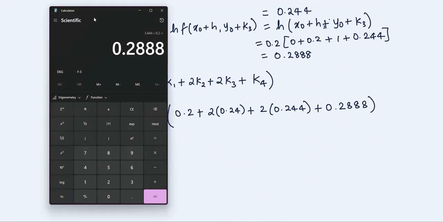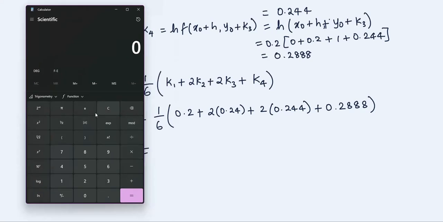Let us calculate. So now 0.244 into 2 I am doing. So 0.488 plus this one 0.2888 plus this is 0.48 plus 0.2.